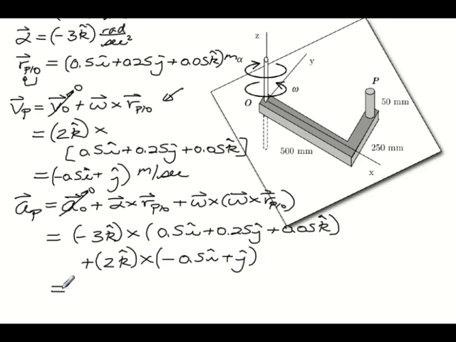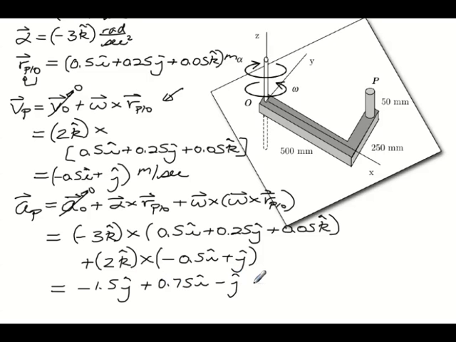Okay, so I need to cross my alpha with the r, so the k cross i gives me a j, so that's a minus 1.5j. K cross j gives me a minus i. There's already a minus sign, so it now is a plus 0.75i. K cross i, that's a j, already a minus sign in front, so there's going to be a minus j term there.